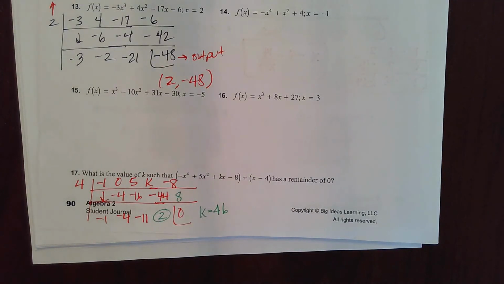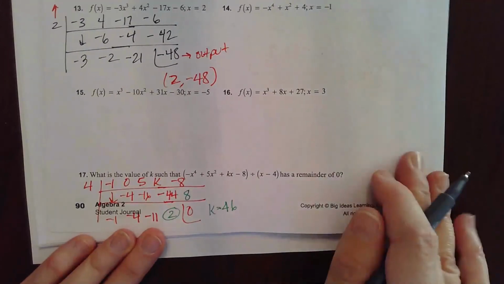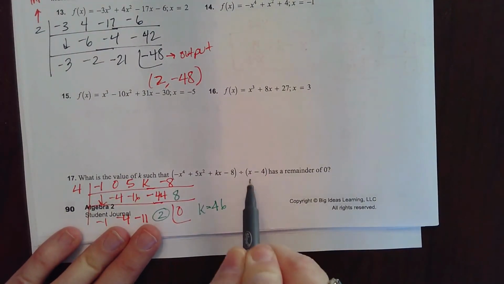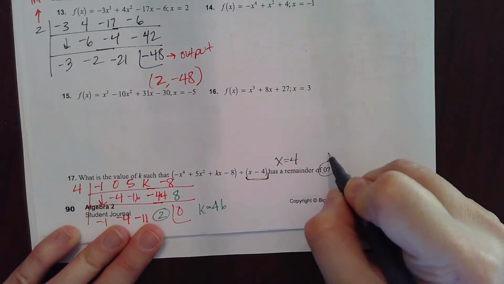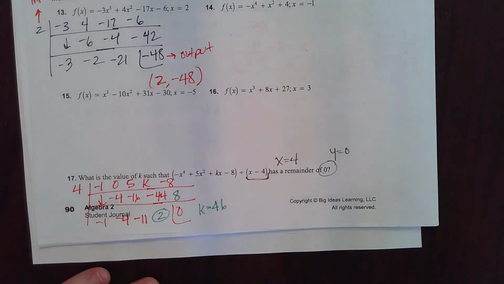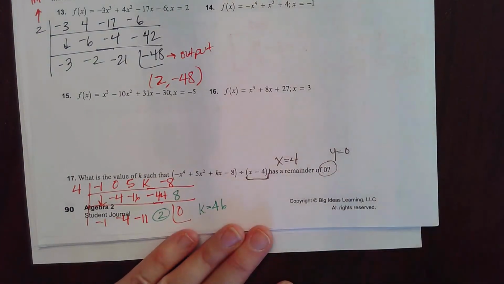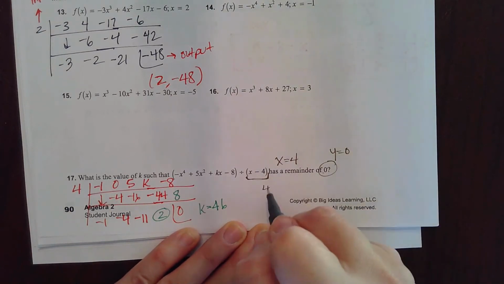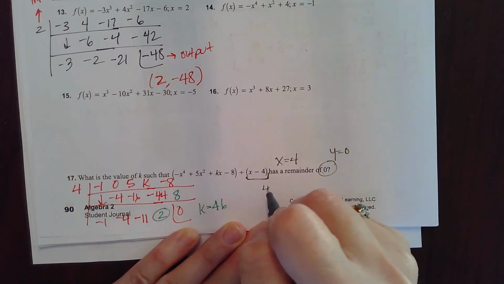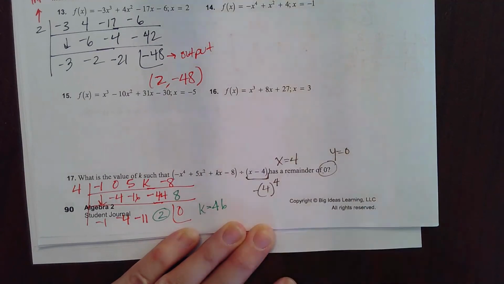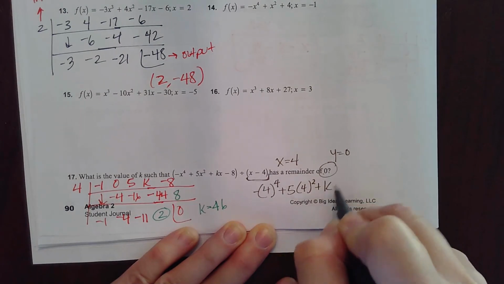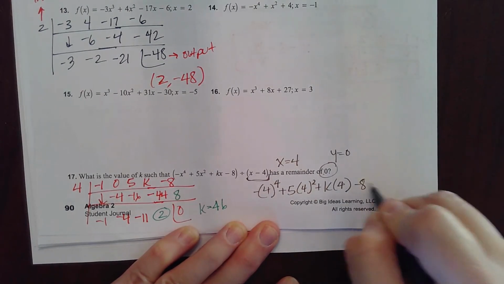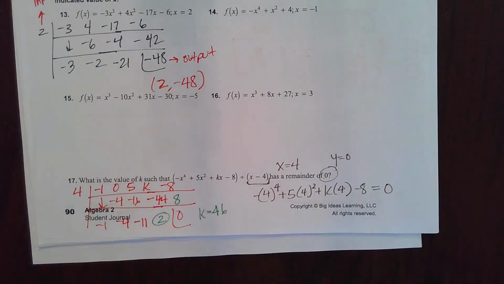Another way of doing this problem is to use what we were talking about before, plugging in your value. What we're saying here is that when I plug in this input, x equals 4, I get a remainder, or an output, of 0. So I'm giving you your x and your y. If I write my equation, I plug in 4 for my input, and I know it has to equal 0 because that's my y value.